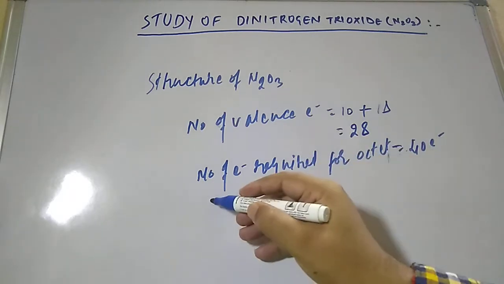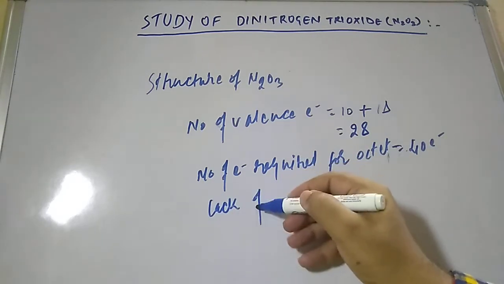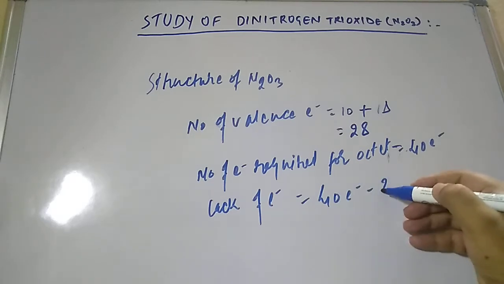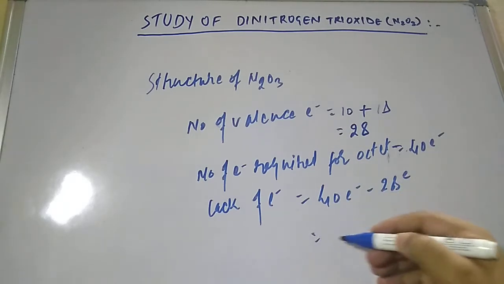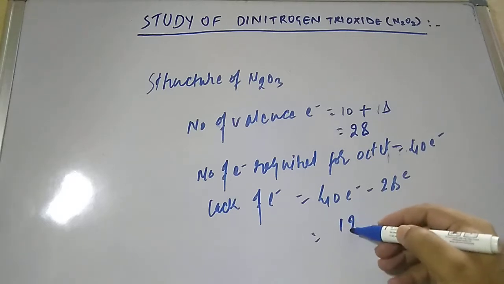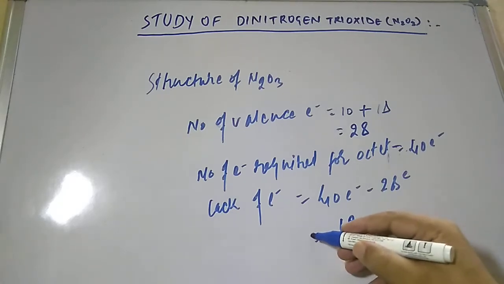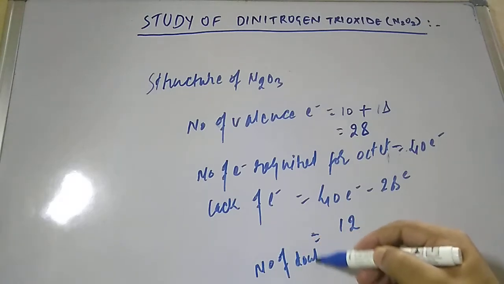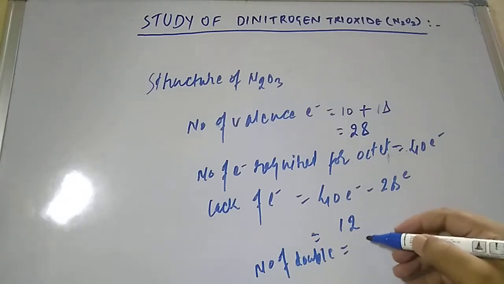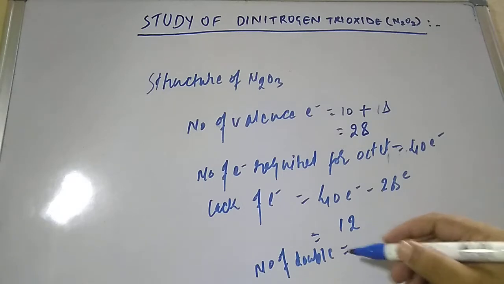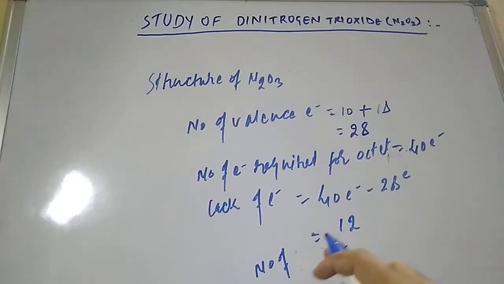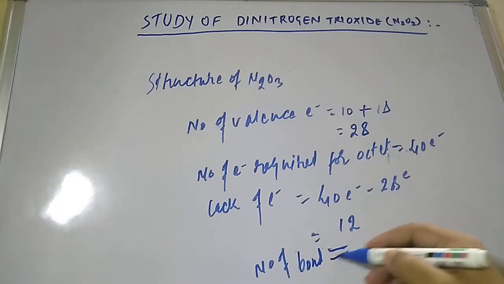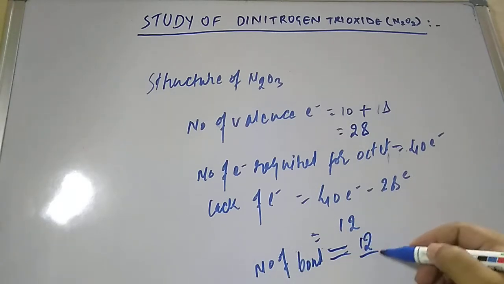Now, the lack of electrons: how many electrons are missing? 40 minus 28 comes to 12 electrons. This required number of electrons can be fulfilled by sharing bonds.